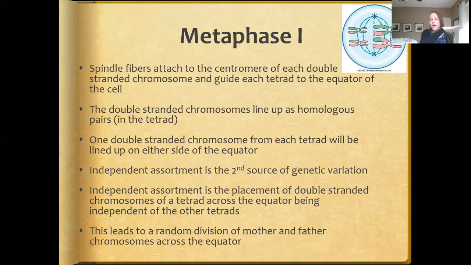So it won't be like all maternal on one side and all paternal on the other. It'll be random how each pair splits up the mom and dad genes. So when you divide the chromosomes, which is what's going to happen next, it'll be random where the maternal genes end up and where the paternal genes end up.